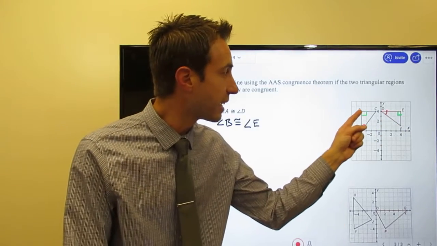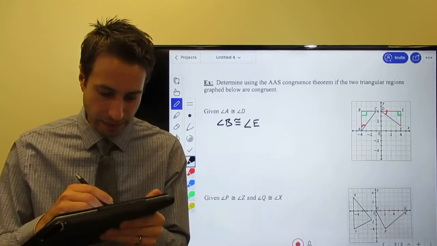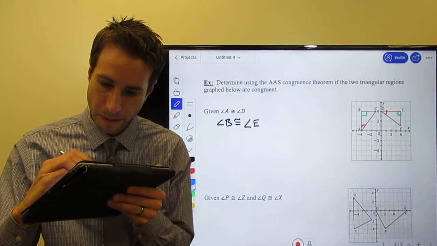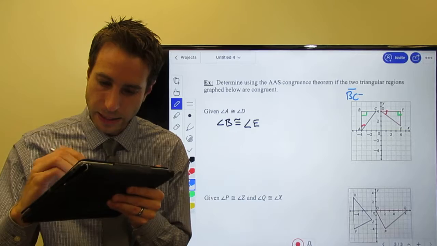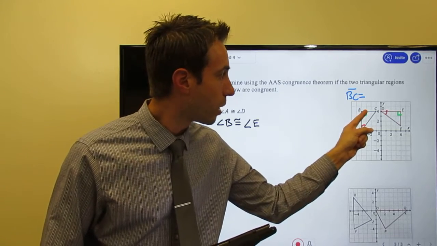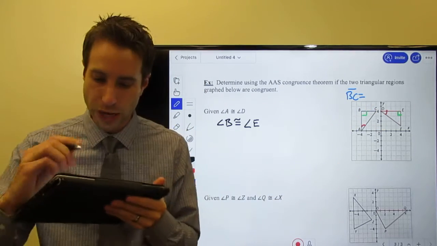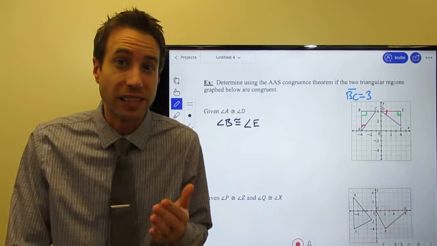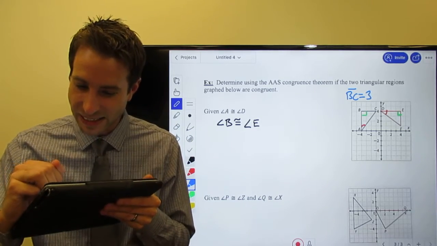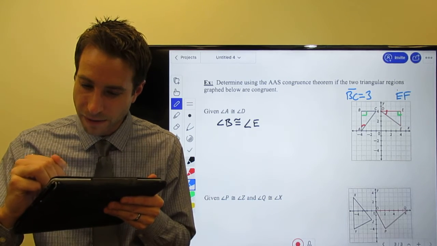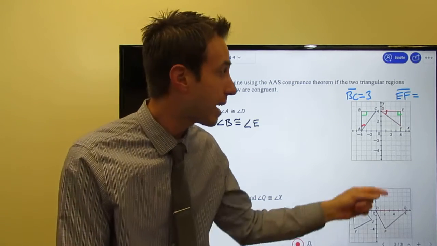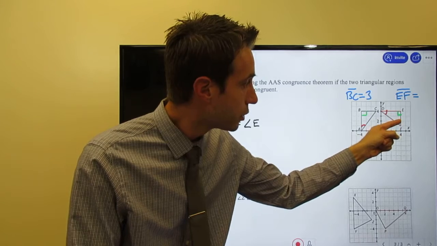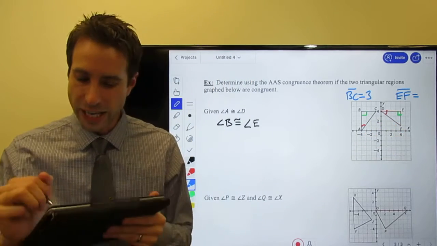Well, what is the length of side BC? BC is equal to, count, 1, 2, 3 units. BC is equal to 3. Let's find out if EF is the same. EF is equal to, just count, 1, 2, 3 units.